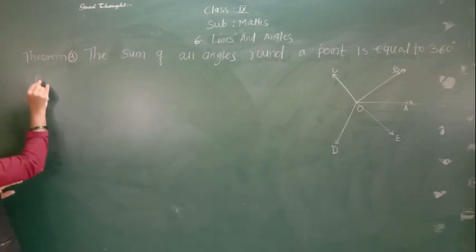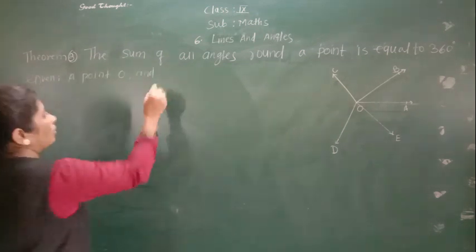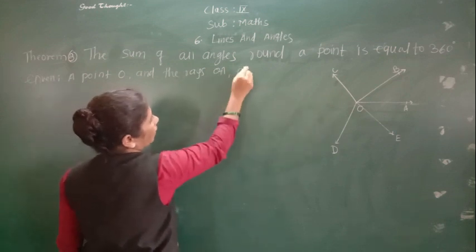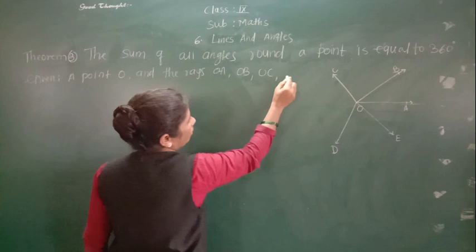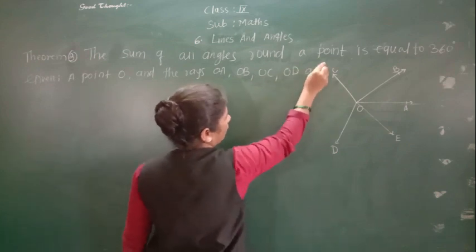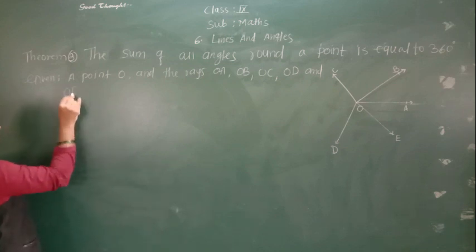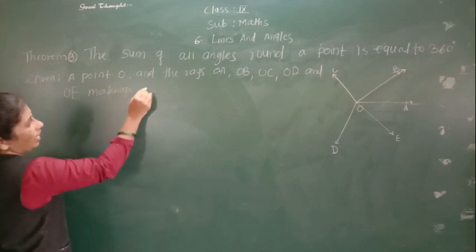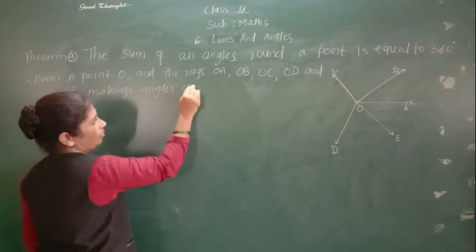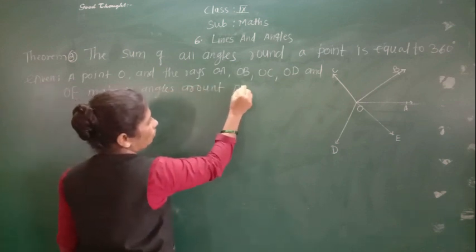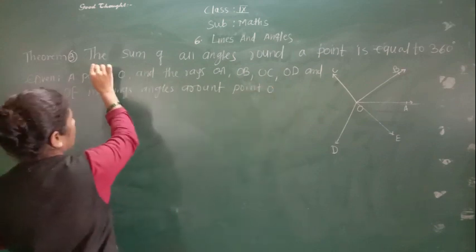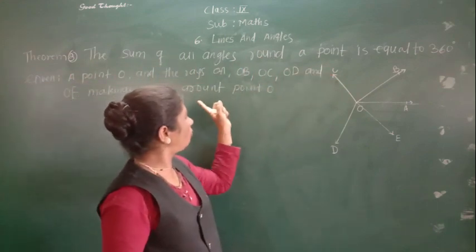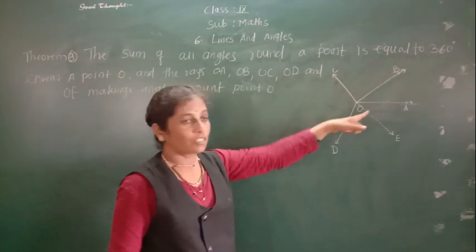So what is given? Here we have to write: given the rays OA, OB, OC, OD and OE, making angles around point O. This is the given, and what we have to prove is that the sum of all angles around a point is equal to 360 degrees.